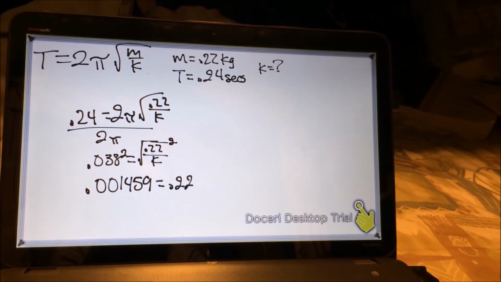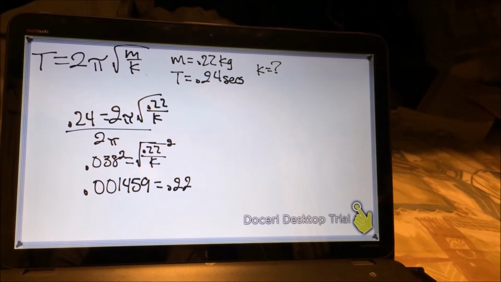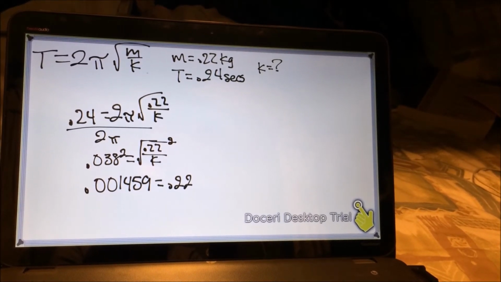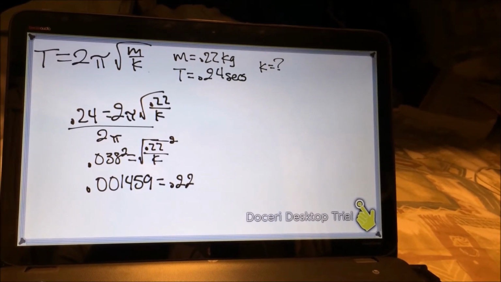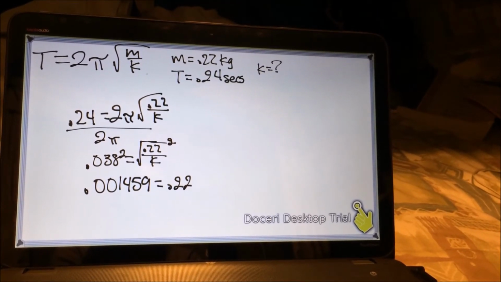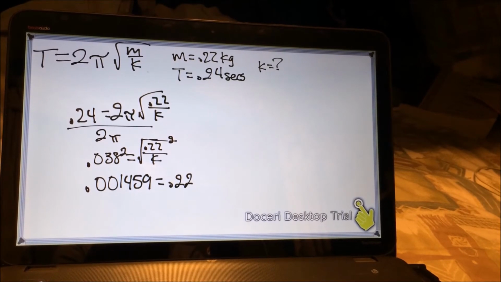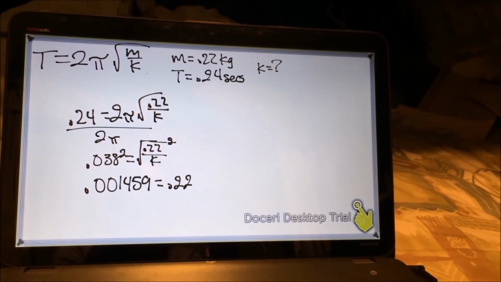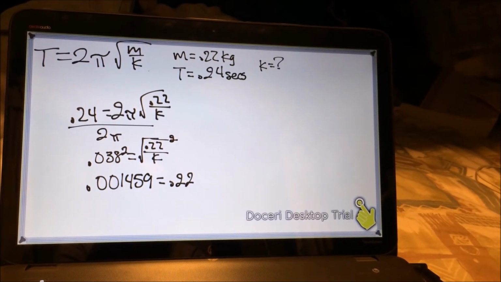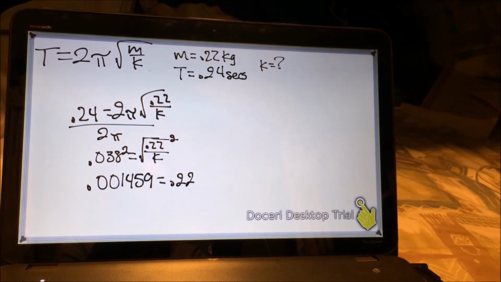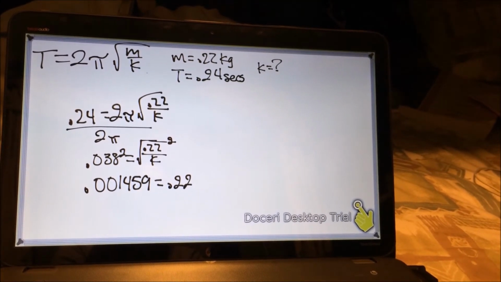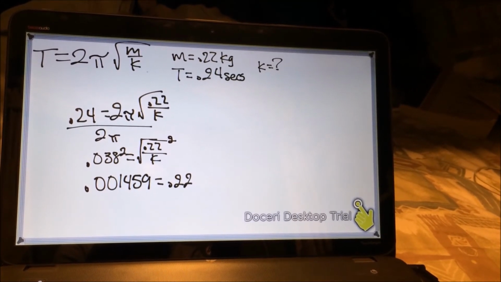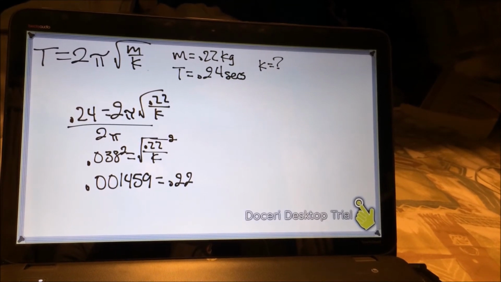Now, of course, you can just round the square root of 0.038, and it's going to be over 0.22 over k. Next, you're going to multiply both sides by k, and you're going to be left with 0.001459 times k is equal to 0.22.